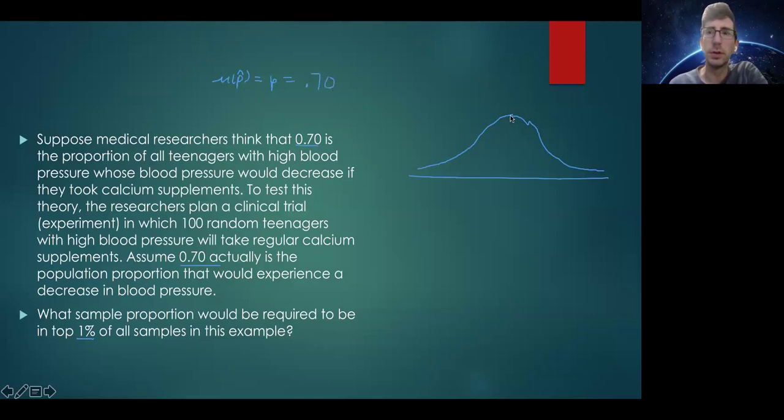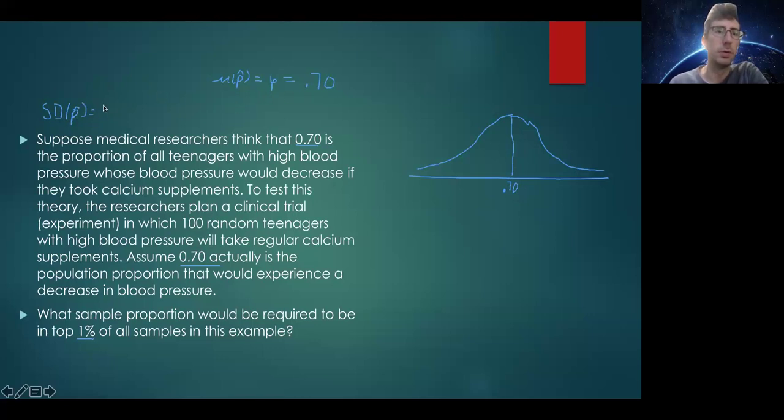So just like last time, our distribution of all of our sample proportions will be centered around 0.70. But we need to calculate the standard deviation of our sample proportions, or our p-hats.